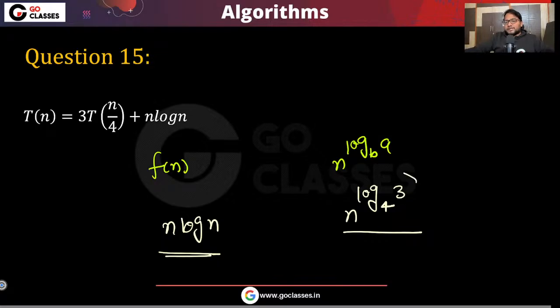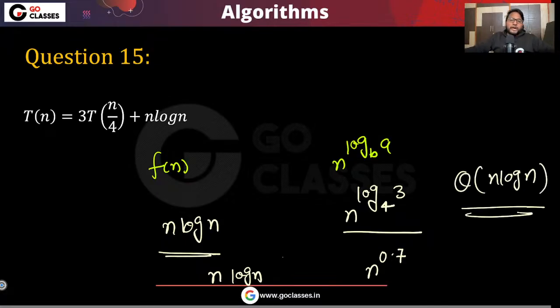So this quantity is definitely lesser than 1, let's suppose 0.7 or something. And this is n log n. Which one is greater? Obviously n log n is greater. So your answer will be theta of n log n. Whichever is greater, you write that answer. That has to be polynomially greater.